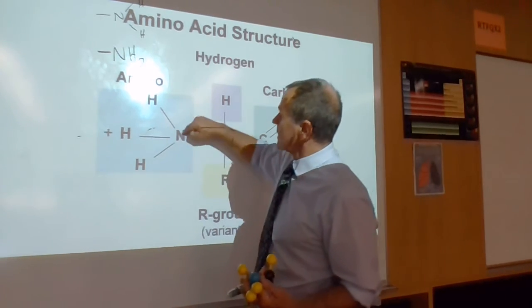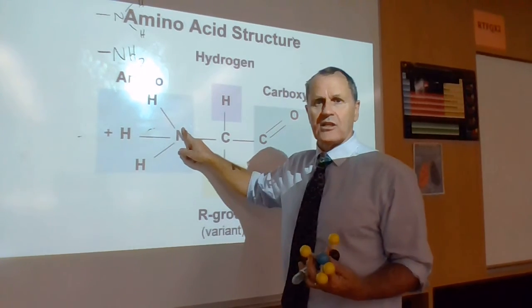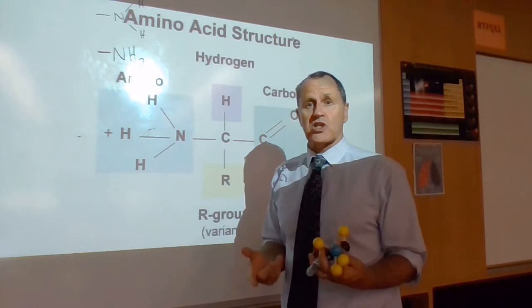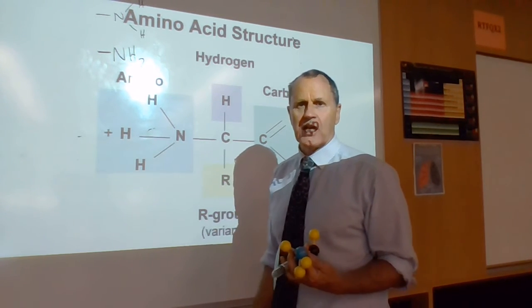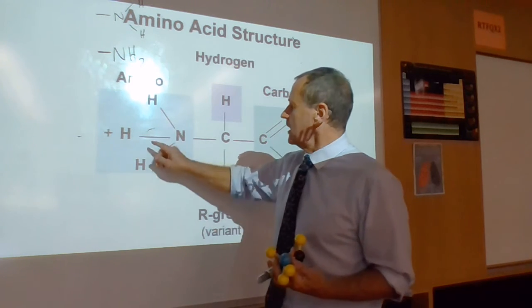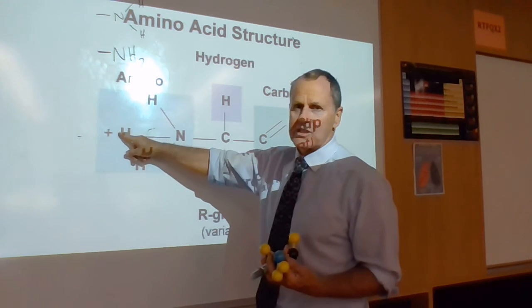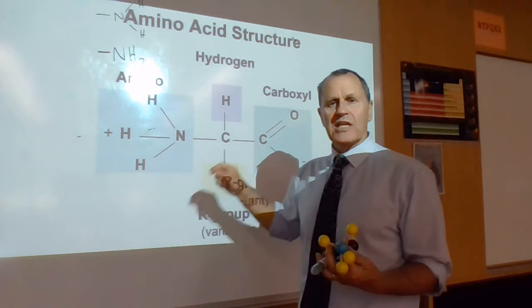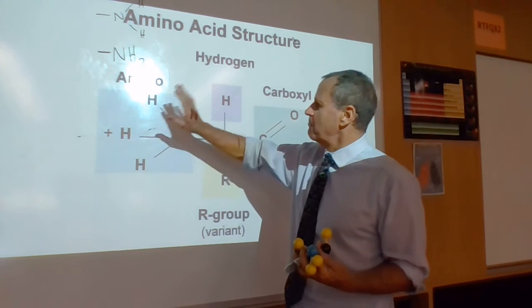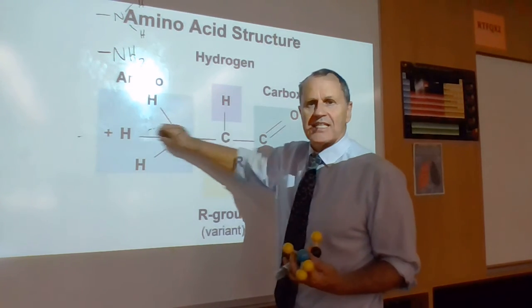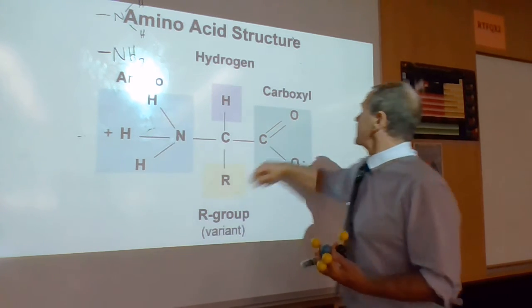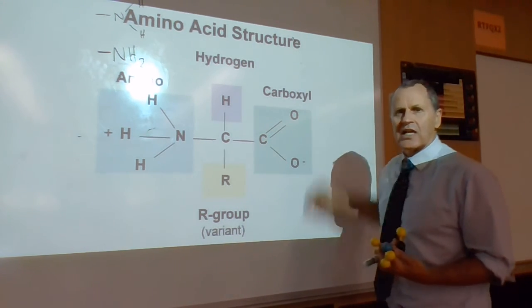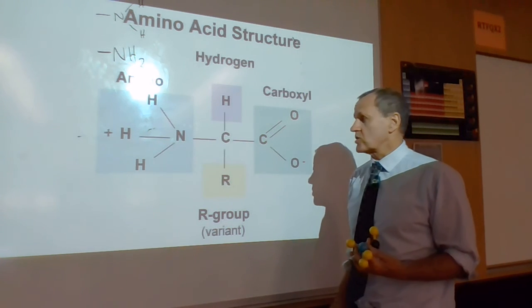Some diagrams, you'll see an NH2 here, the amino group, but the ones that properly show what's going on in water will show it attracting another hydrogen ion here, therefore making a positive charge over here. So the amino acid is at the same time a base because it takes hydrogen ions out of solution, and an acid because it gives hydrogen ions to solution.